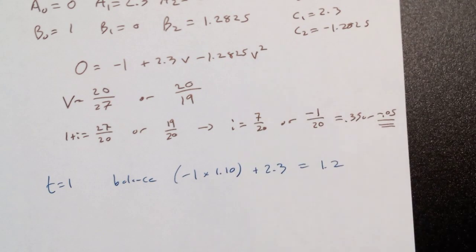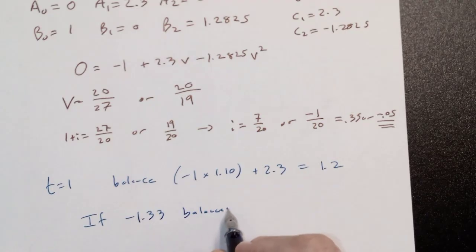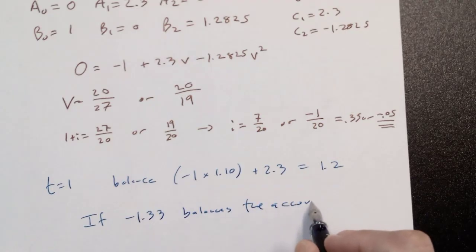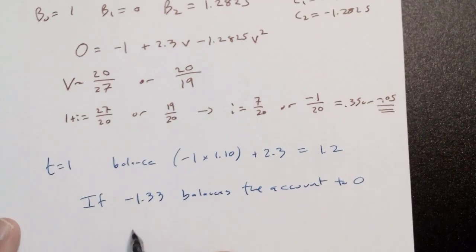So if negative 1.33 balances the account to 0, then I want to set up the equation of value for that. 1.33 equals 1.2 times 1 plus the interest rate for the second year. Notice I've changed my notation here just a little because I'm only thinking about the time from 1 to 2. I sub 2.